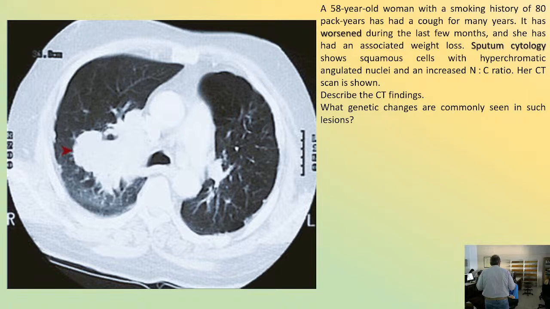However, this is easily detected by bronchoscopy because it affects large bronchi, so the endoscope can reach these lesions, and you can take cells with a brush and have a cytological smear, or you can take a biopsy.